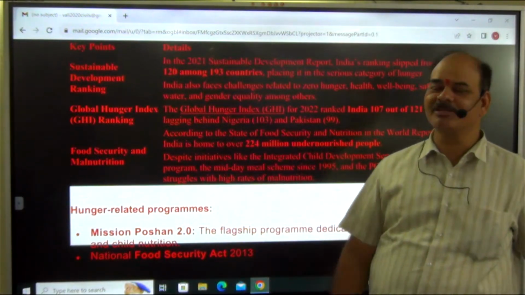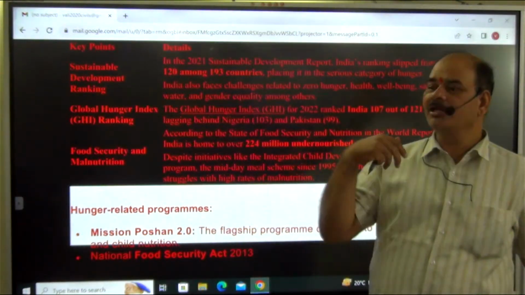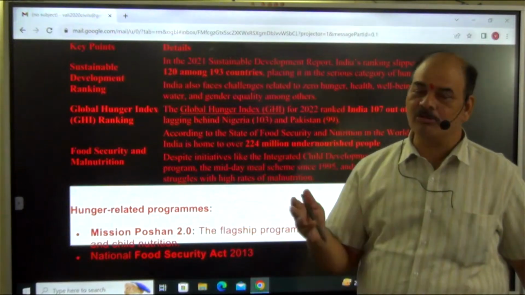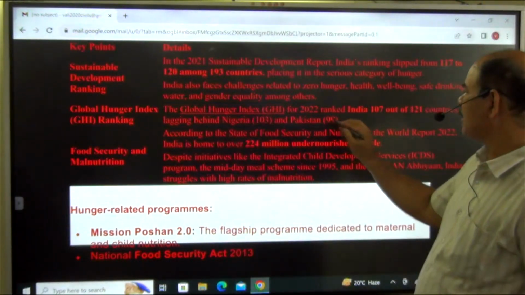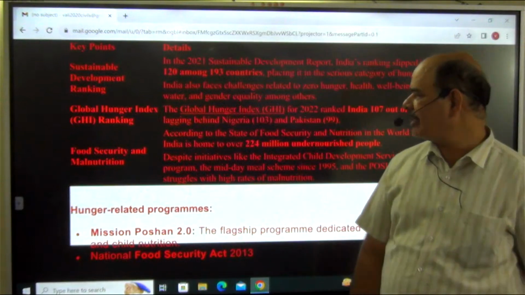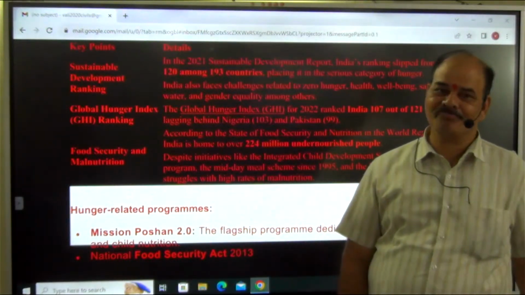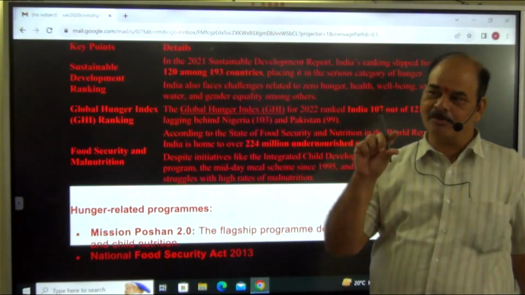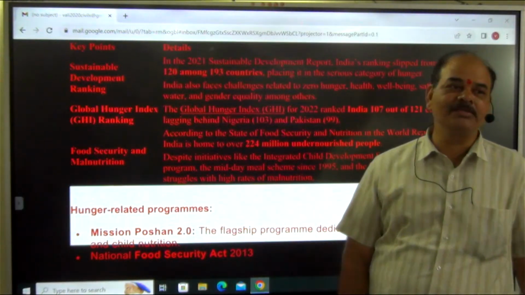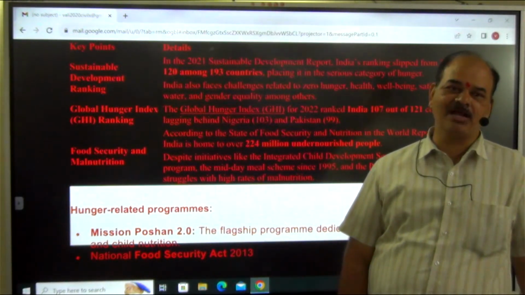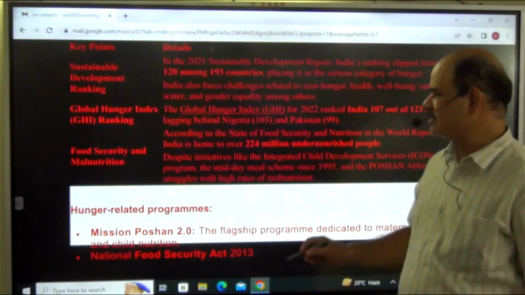Of course, whatever may be the case, even if it is 10 ranks better, it is still bad, because Pakistan is 99 and Nigeria 103. The reason is grave inequalities in the country. Okay?